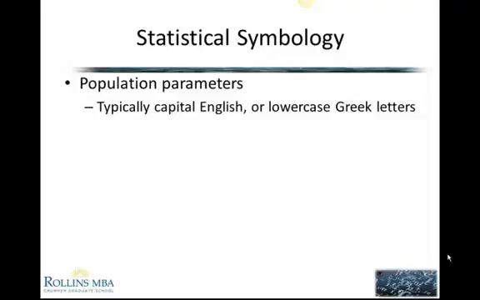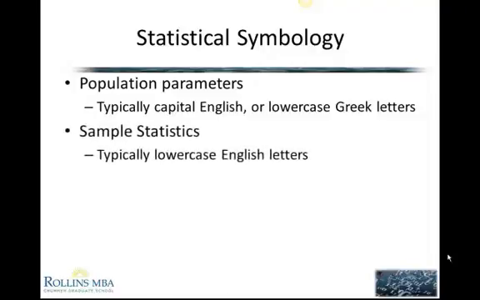But our population parameters are usually represented by uppercase English letters or lowercase Greek letters. Our sample statistics, the measures we take on a sample, are represented typically by lowercase English letters.